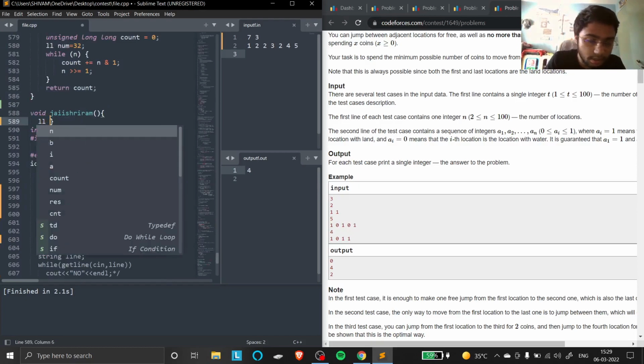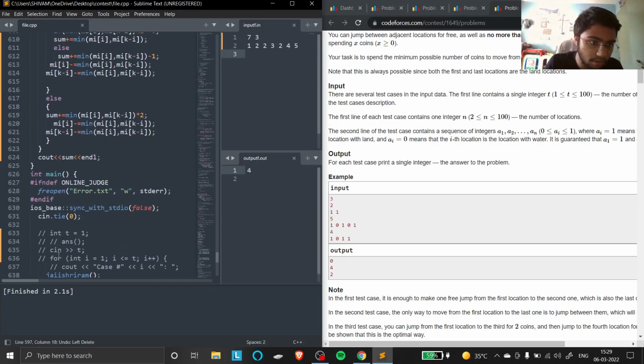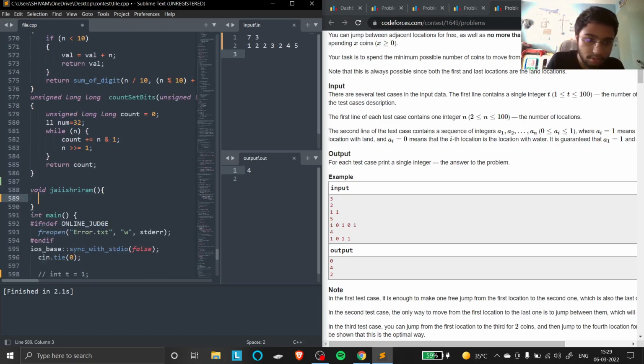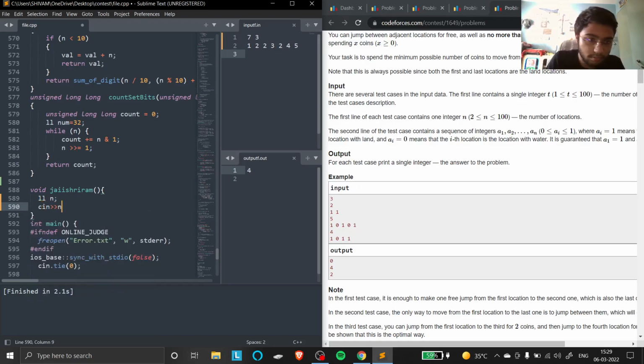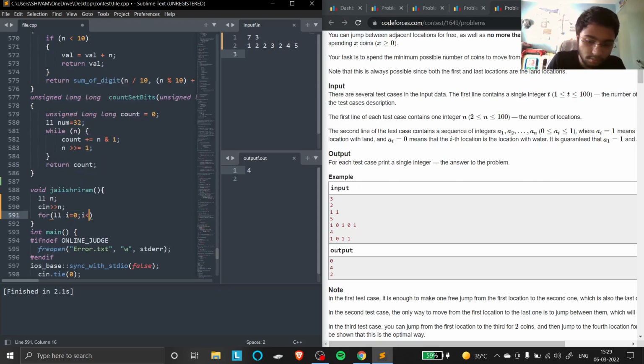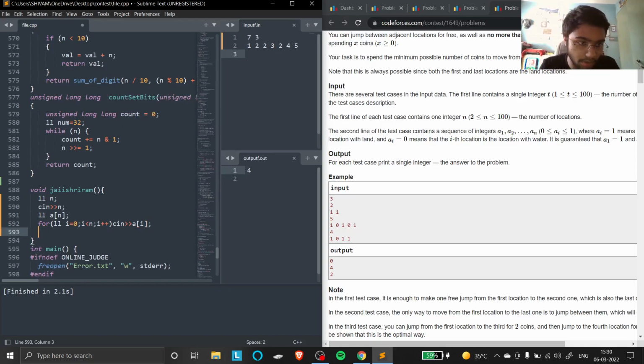Okay. So we take the prefix array, P of i, and after that, what we need to do?